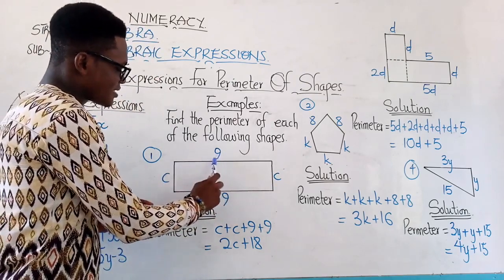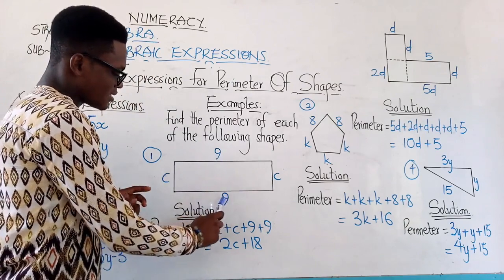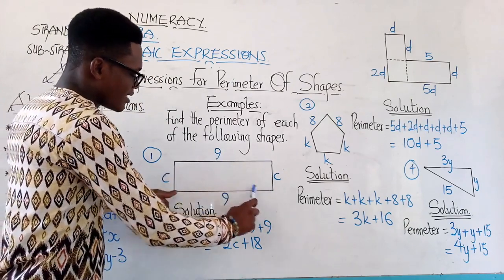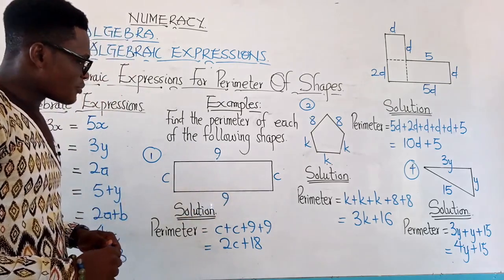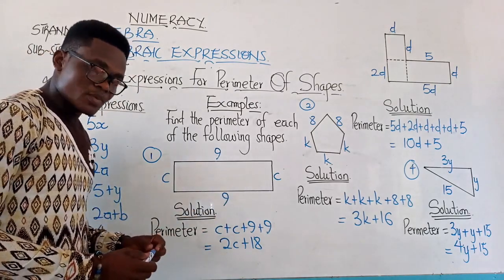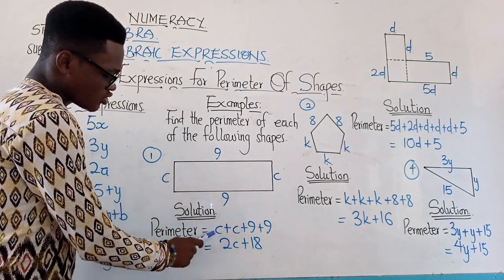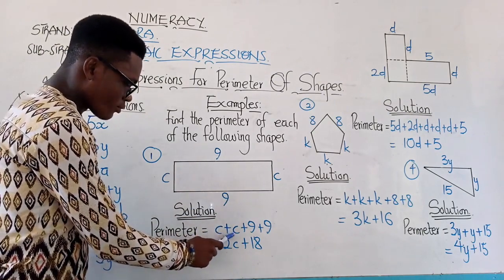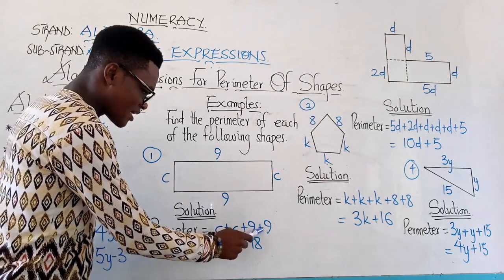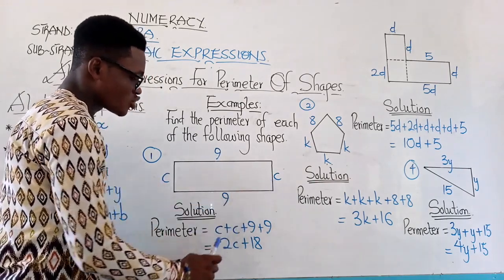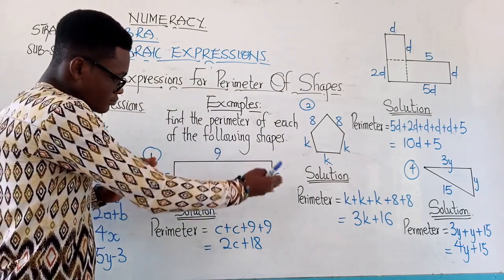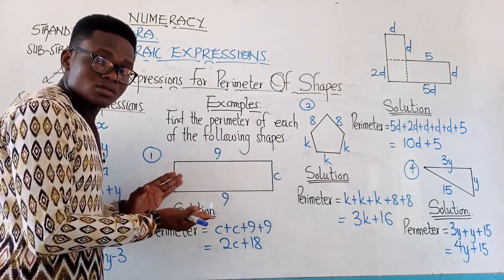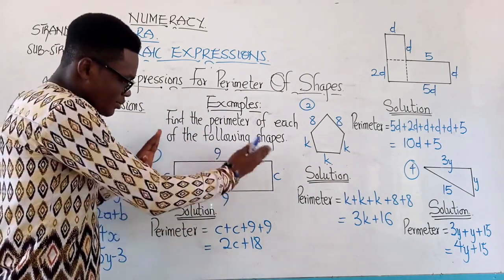The length over here is 9, and the length here is 9 because they are the same length, so they must have the same value. You have C and then C. So in solving the perimeter of a given shape, perimeter is equal to C plus 9 plus 9 plus C. So in perimeter, we sum up all the items around the plane shape.